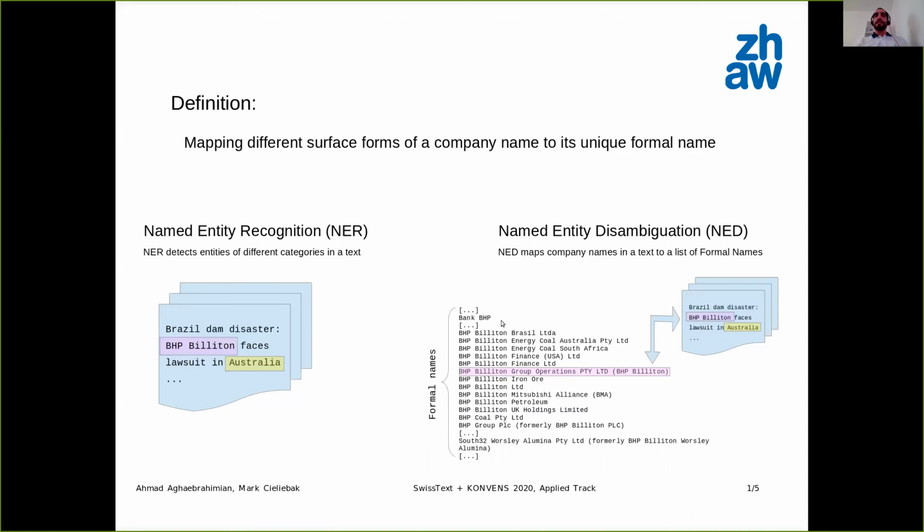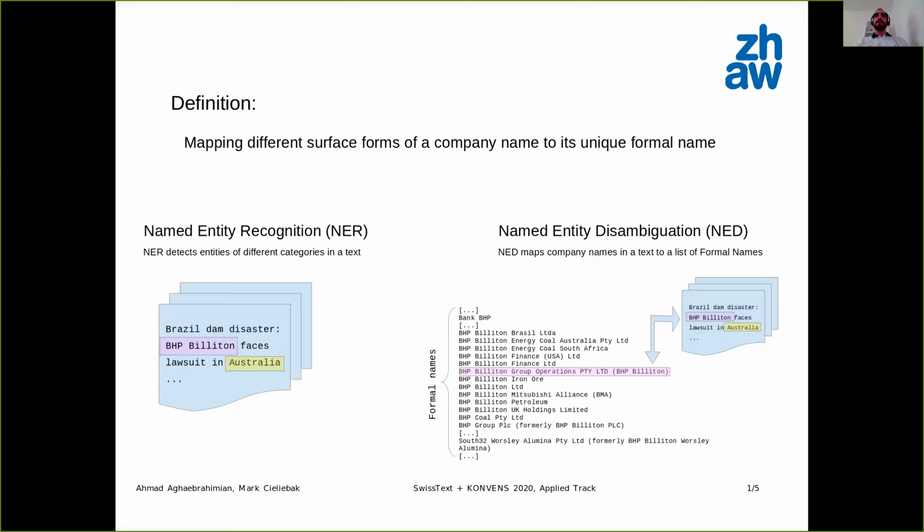As you observe in this slide, there are several instantiations of the specific company, and we need to map the correct formal name to the named entities that are already detected. Depending on the context, these formal names can run from several hundred to hundreds of thousands, or in some instances even to several million formal names, which signifies that it's not a trivial task.